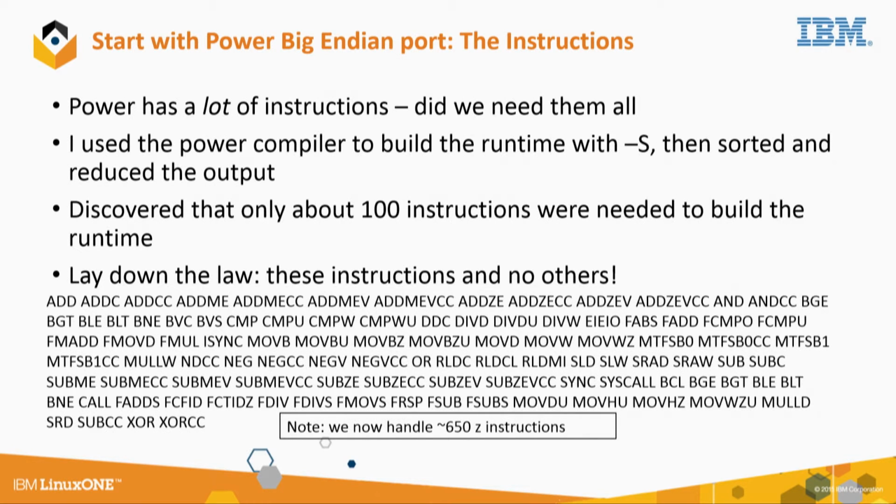I took a big file, gigabytes, sorted it, and found all of the Power instructions required to build the runtime. I said, let's start with those. I slapped my eager beaver developers on the wrist if they tried to do an instruction that wasn't in that list, because we're never going to get through them all if we don't pare it down. So those are the instructions that we started with.